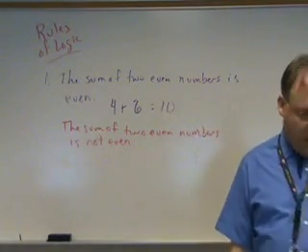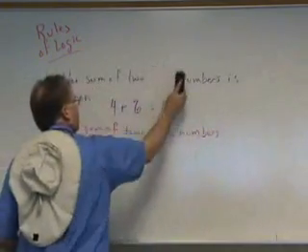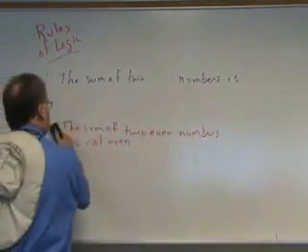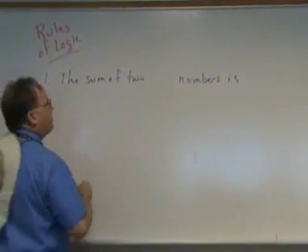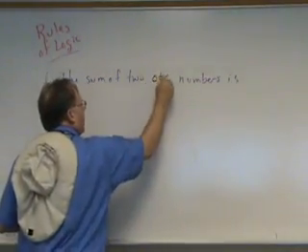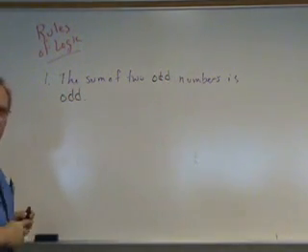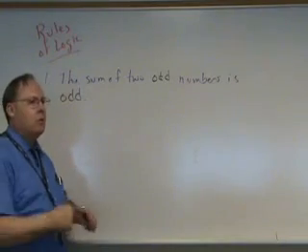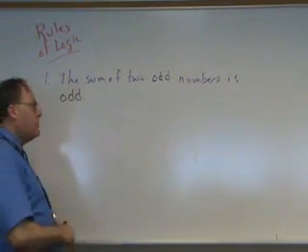Well, how about part B, where it changes this and says the sum of two odd numbers is odd. Is this a statement? Yes, this is a statement. Well, what is its truth value? Its truth value is either going to be true or false.